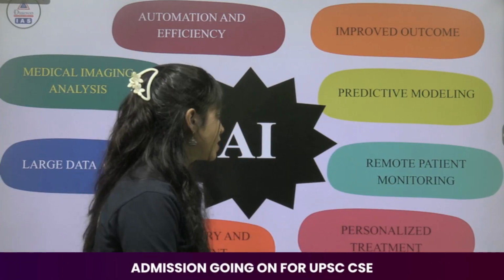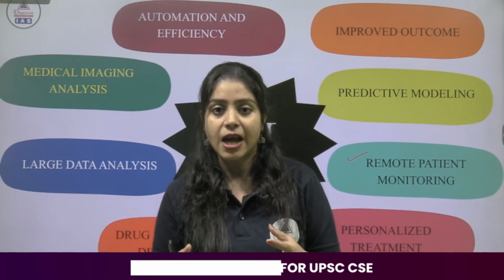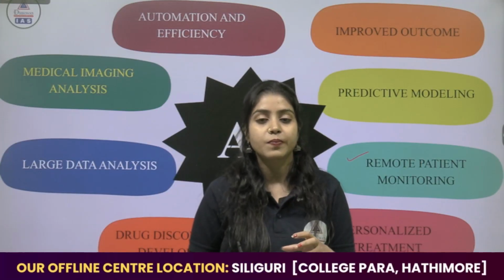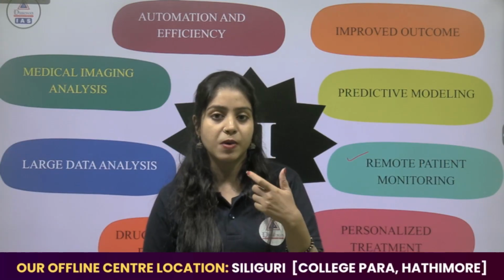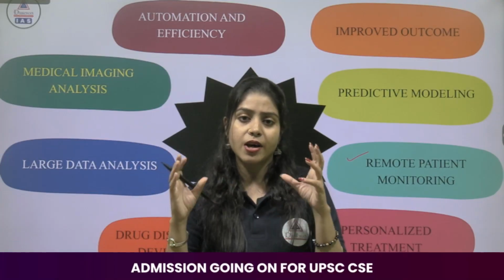As well as that, we can also do remote patient monitoring. That means wearable devices that incorporate artificial intelligence technology. In these wearable devices, we can check the pulse rate, the oxygen availability, the heartbeat, the pressure, and all these parameters from the health aspect.